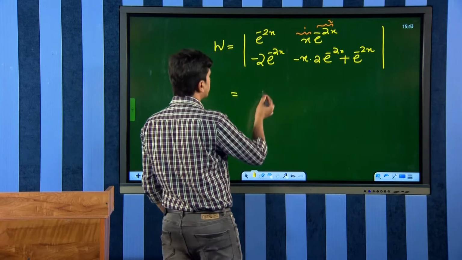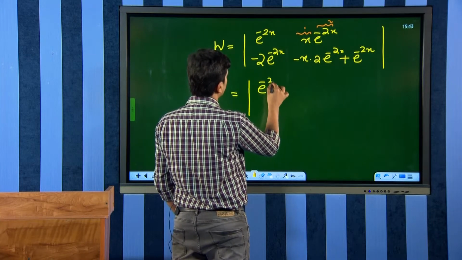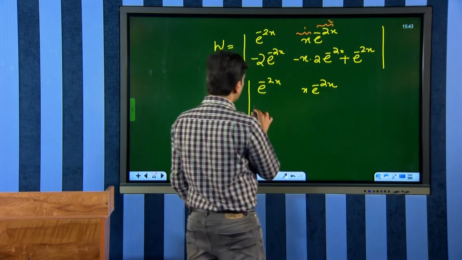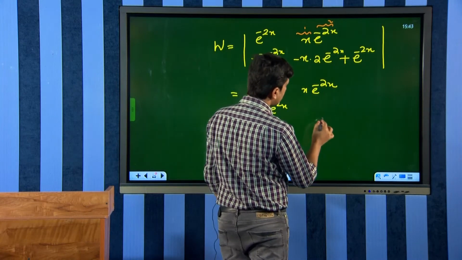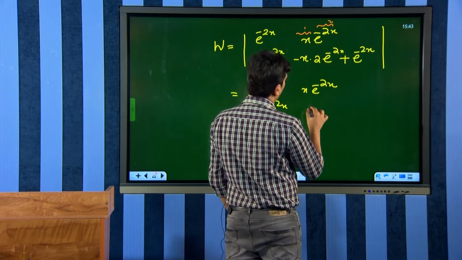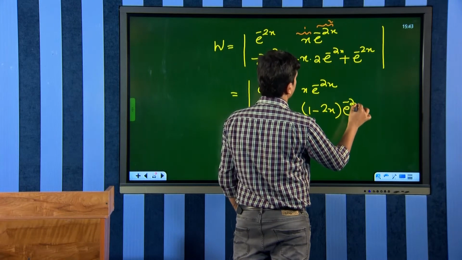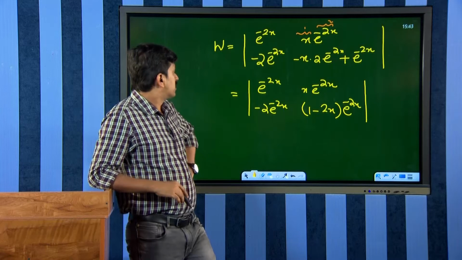While multiplying, we will have e^(-2x) times x e^(-2x), minus -2 e^(-2x), which gives (1 - 2x) e^(-2x). Okay, fine. Now we can find the Wronskian.